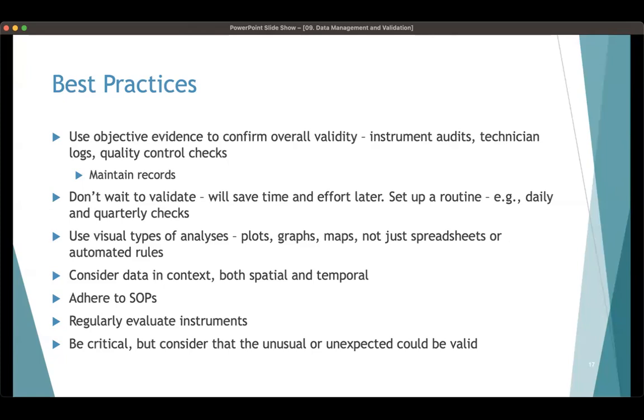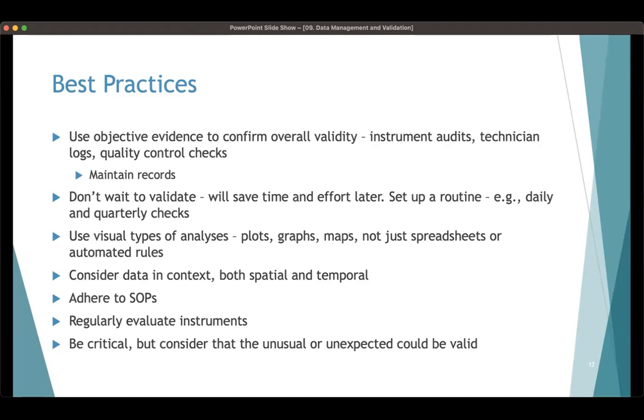We have to do some instruments audit, and also we have to get the confirmation and pass these instrument audits. Not only that, we have to have technician logs and quality control checks. All these ones are coming under this maintaining records part.